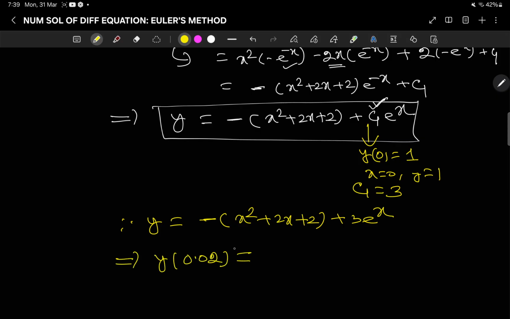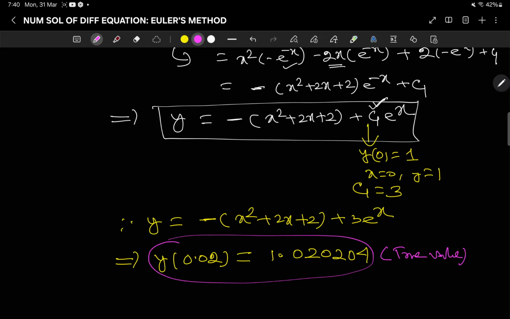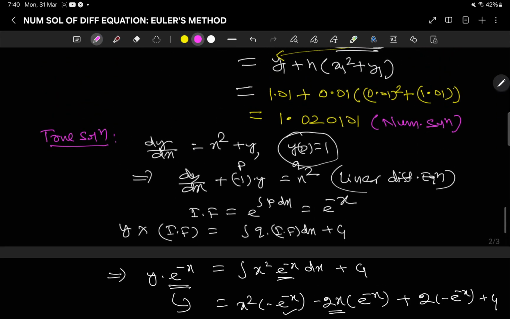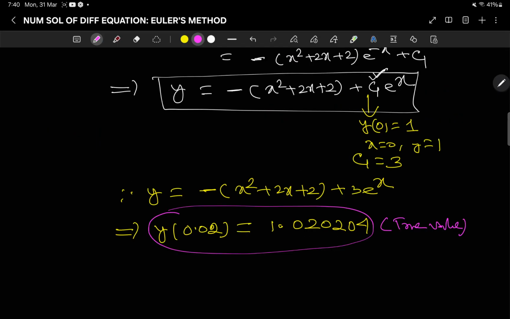If I substitute the value of x here, we get 1.020204. It is my true value. So this is my true value, this is my numerical value. If I find this gap, this will be my error.